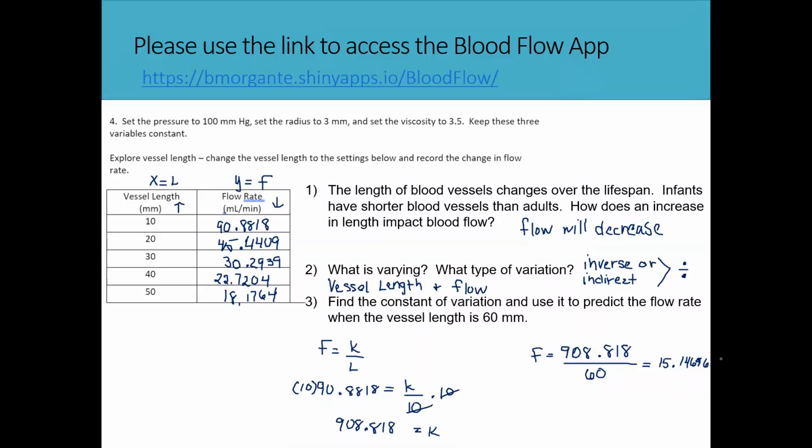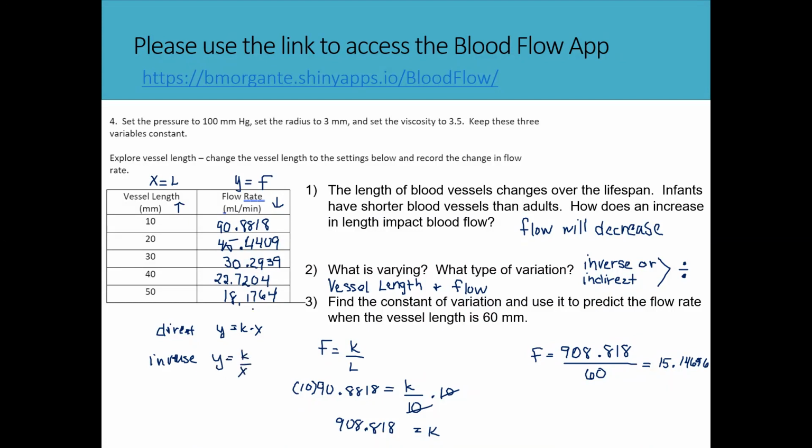When we set up the formula, the data is always x and then y, and we write equations in the y equals format. So if you look at those generic equations in your notes for direct variation, you have the equation y is equal to k times x. And for inverse variation or indirect variation, you had the equation y equals k divided by x.